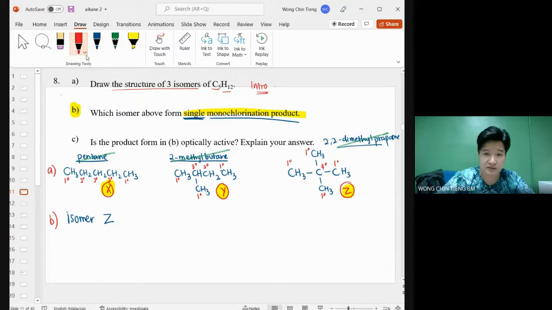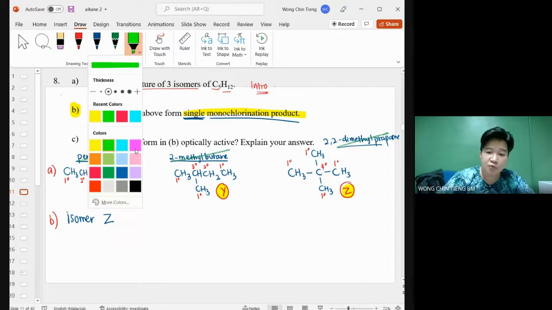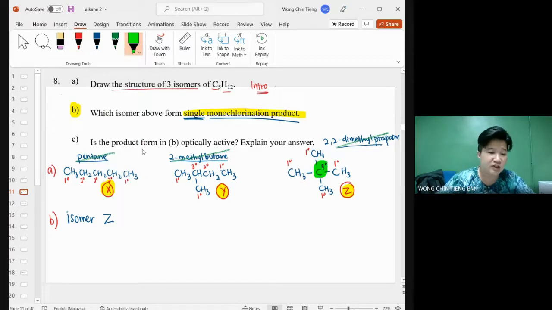Before I move on further, can I ask, when we talk about halogenation, free radical substitution, on Monday we talked about substituting halogen. But in a quaternary carbon, can we put in a Br or a Cl over here? Why not?